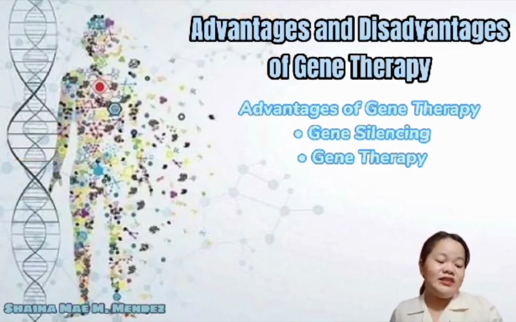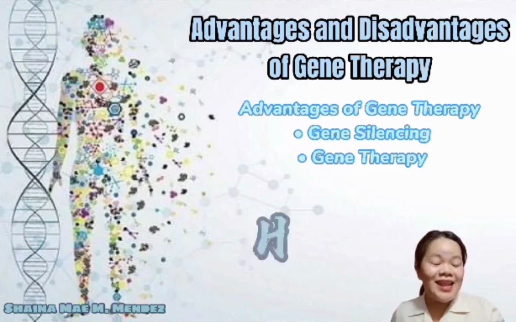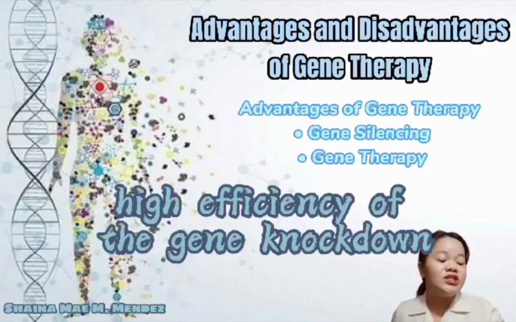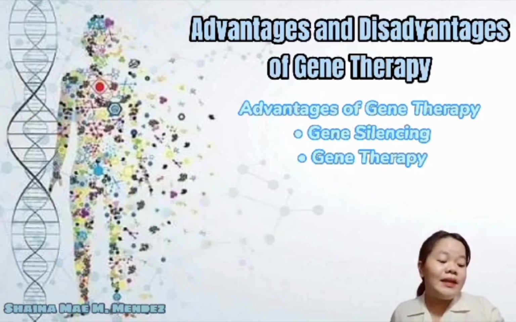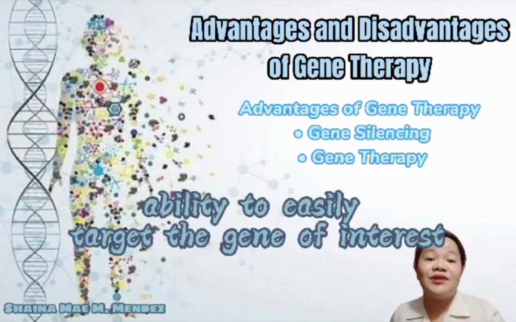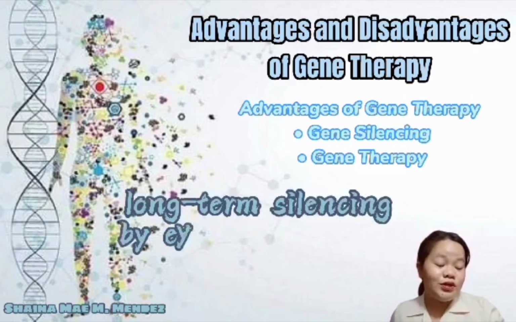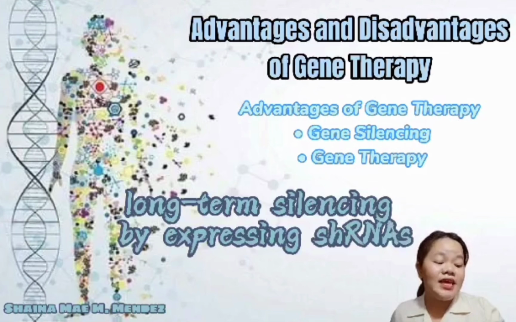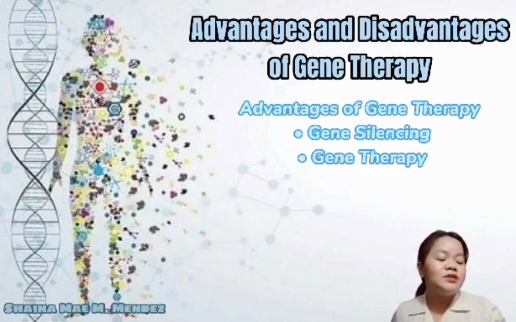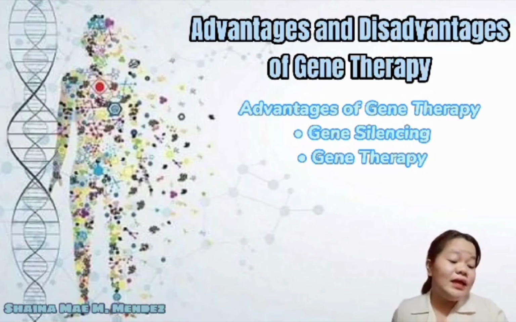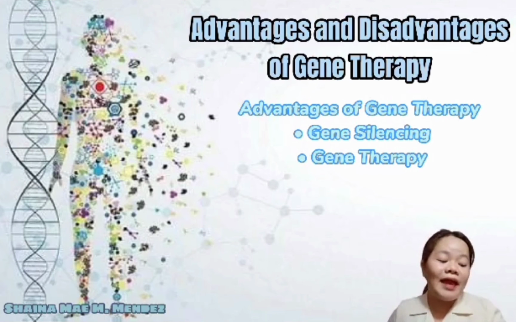Additional advantages of gene therapy: the advantages of RNAi include the high efficiency of gene knockdown, the ability to easily target the gene of interest, as well as stable and long-term silencing by expressing shRNAs. This makes it a more powerful tool that has been successfully applied to answer many questions in biology.